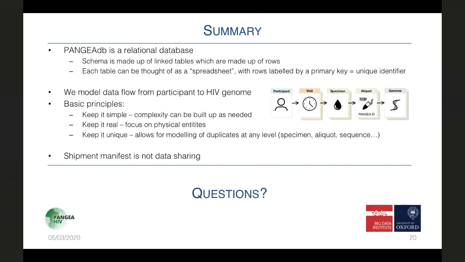We're trying to keep it real and focused on real physical things, which is a way of safeguarding against unintended duplication. And we're trying to keep it unique, so we allow for modeling of duplicates at every level intentionally, which will keep the data consistent.